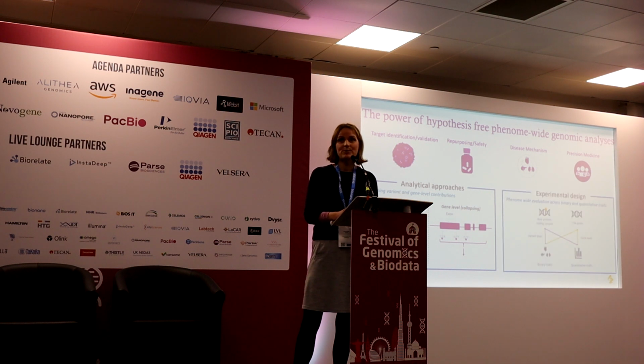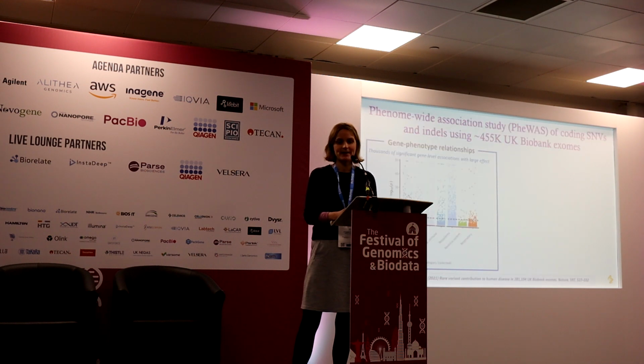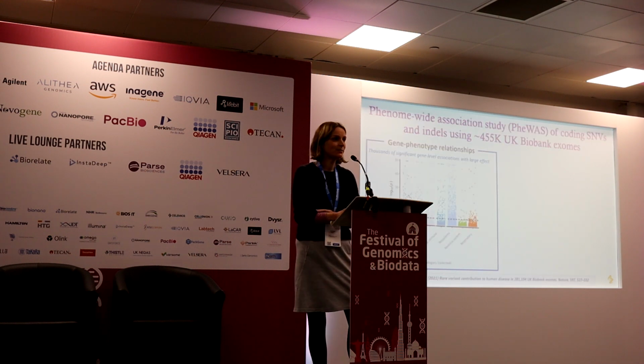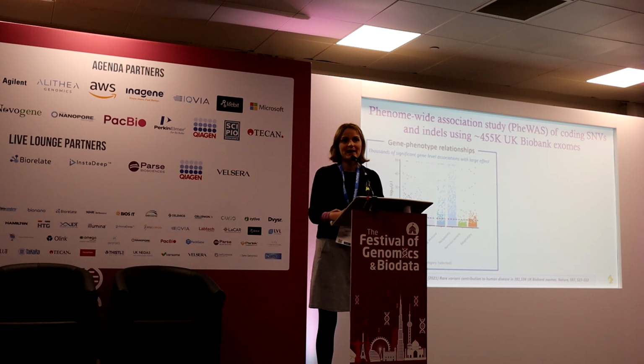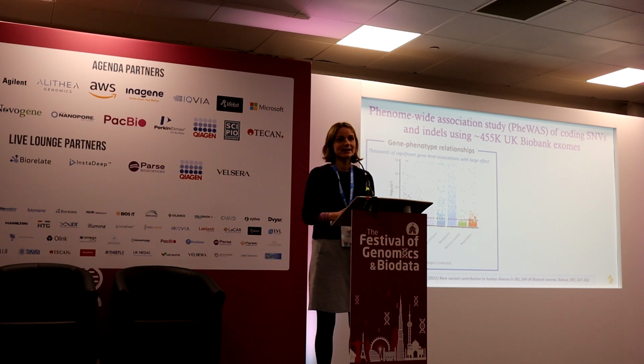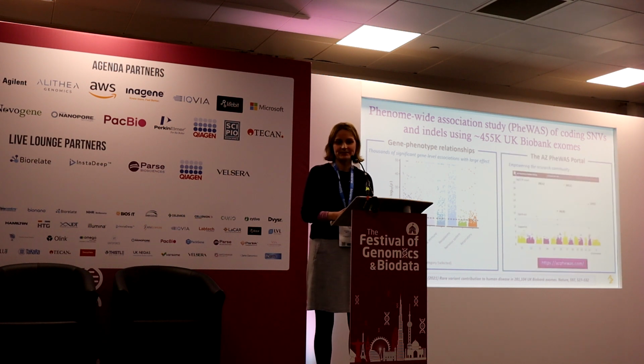We apply these two approaches to binary and quantitative phenotypes, with the result that we end up with 4 sets of results being generated for every dataset analysis. We have previously applied this approach to a phenome-wide association study of coding variation in 450,000 exomes from UK Biobank, and at the gene level we were able to identify thousands of robust associations, many with large effects.